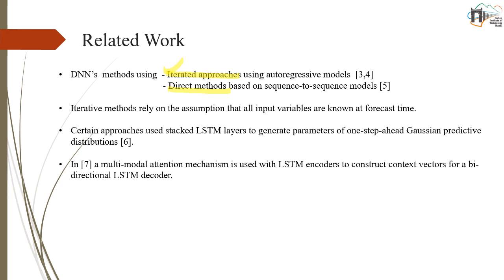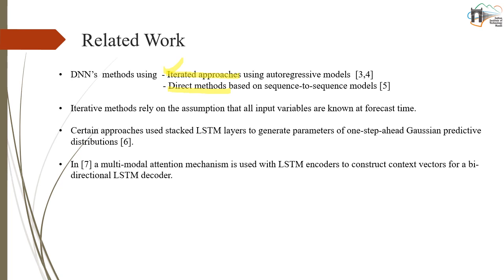So what has been the issue with these methods? These iterative approaches have been effective in some cases, but they rely on the assumption that the values of all the input variables we are using in our model, except the target variable, are known at the future time.